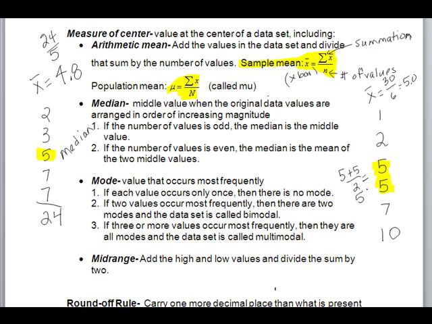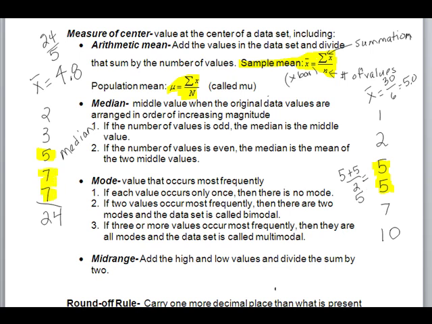Now, the mode is the value that occurs most frequently. So if each value occurs only once, then we say there is no mode. So as we look at the left, we have 2 7s, so that's going to be our mode.